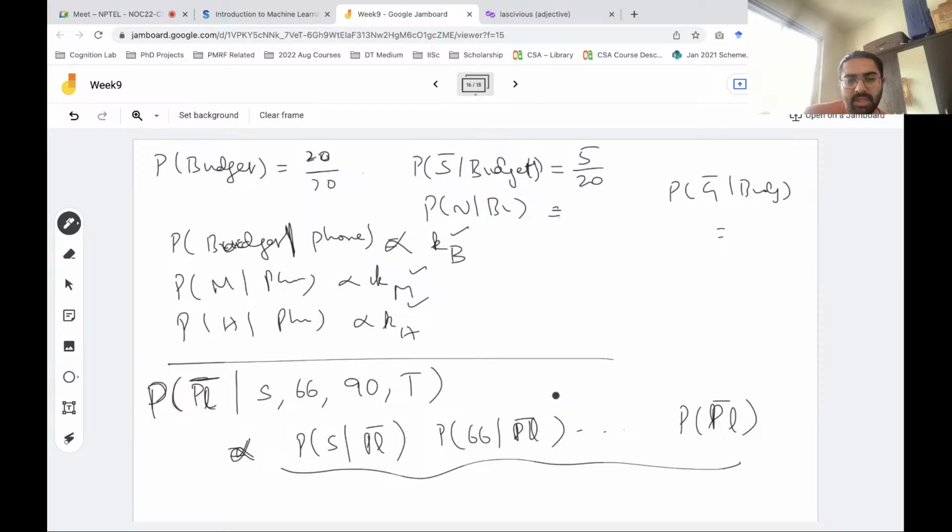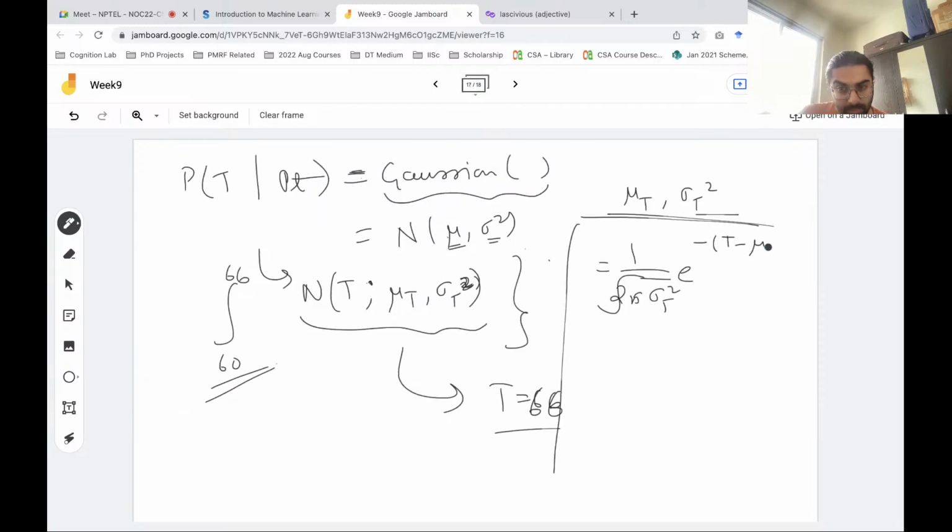So this is what he's saying, right? For example, this is basically some function of mu t and sigma t, so it's some function of t also. This is basically just 1 by root 2 pi sigma t squared, e to the power minus (t minus mu t) squared by 2 sigma t squared, right? So what he's saying is you can just put the temperature T as 66 and evaluate this. But this is not the probability though.